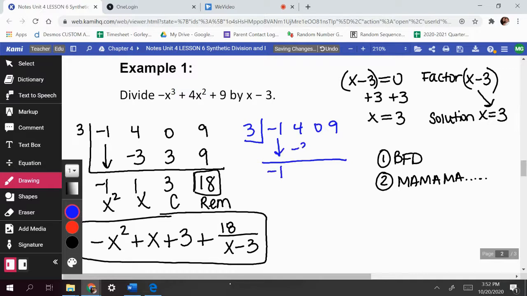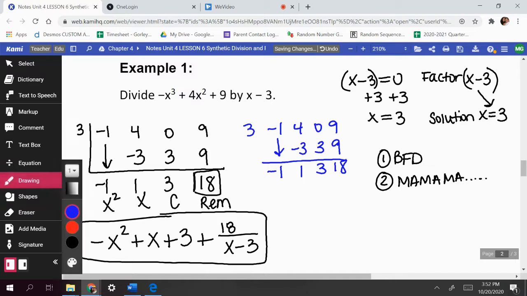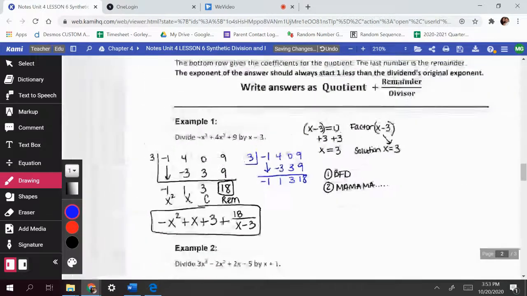Multiply, add, multiply, add, multiply, add. It looks a little different just because the 3 is in this box off to the side, but it's the same process. So don't be thrown off if your teacher next year makes their synthetic division look a little bit different. That's okay.